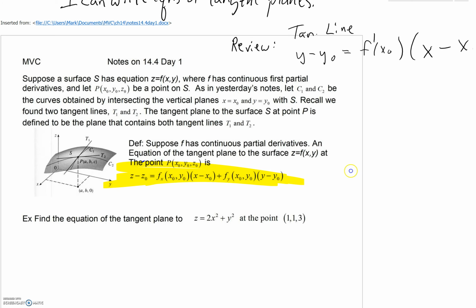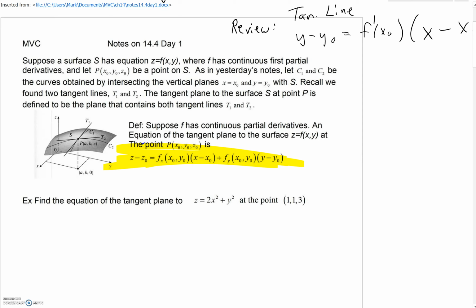Well, guys, take a look at this right here. This is really wonderful. In yellow, you can see the equation of your plane. Just as you had in single variable calculus, derivatives are going to show up. You've got the partial derivative with respect to x at a given point multiplied by x minus x naught.